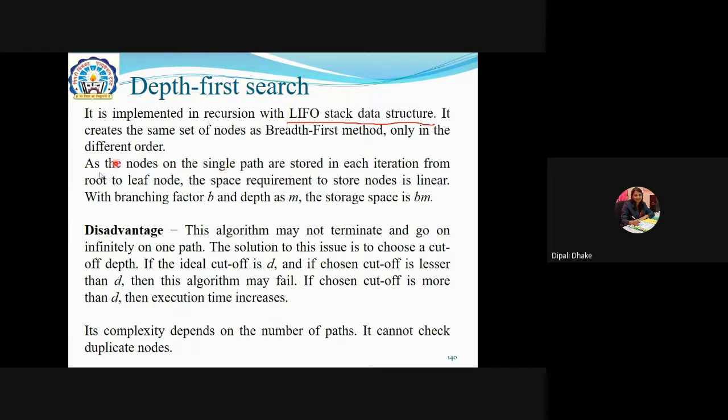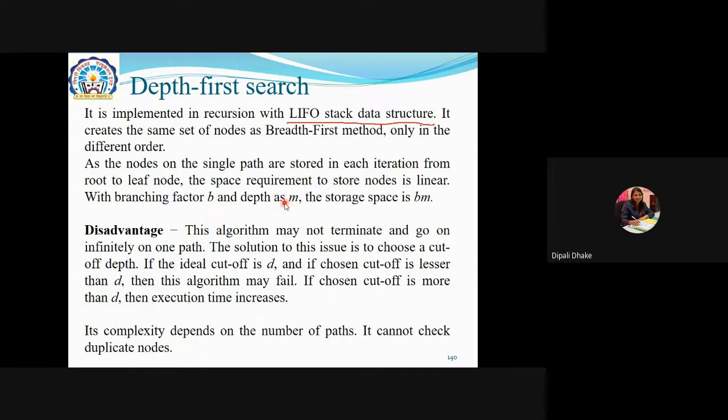Now, it creates the same set of nodes as breadth first search, only in a different order. As the nodes on a single path are stored in each iteration from the root to the leaf node, the space required to store the nodes is linear. With branching factor B and maximum depth M, the storage space is Bm.